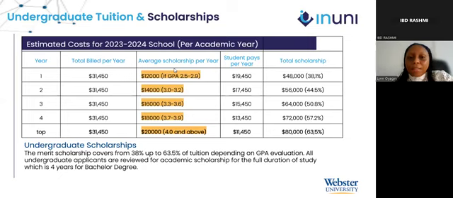And if they had a higher grading, like a 3.3 GPA to a 3.6 GPA, they would be getting $16,000 instead of a $12,000 scholarship.